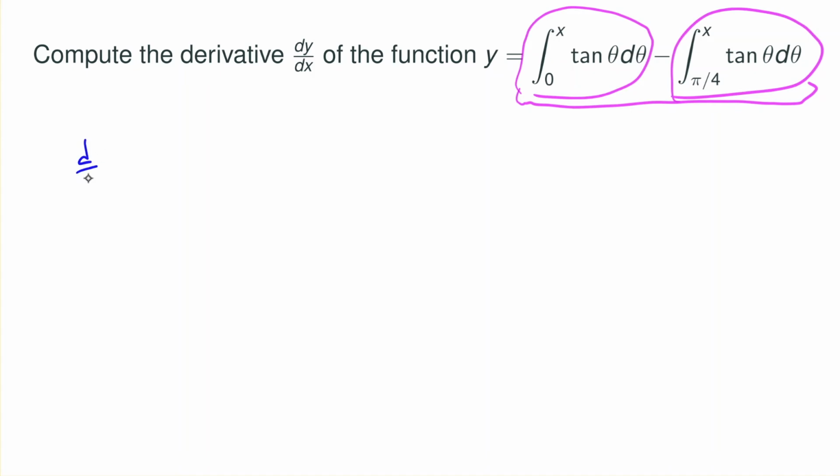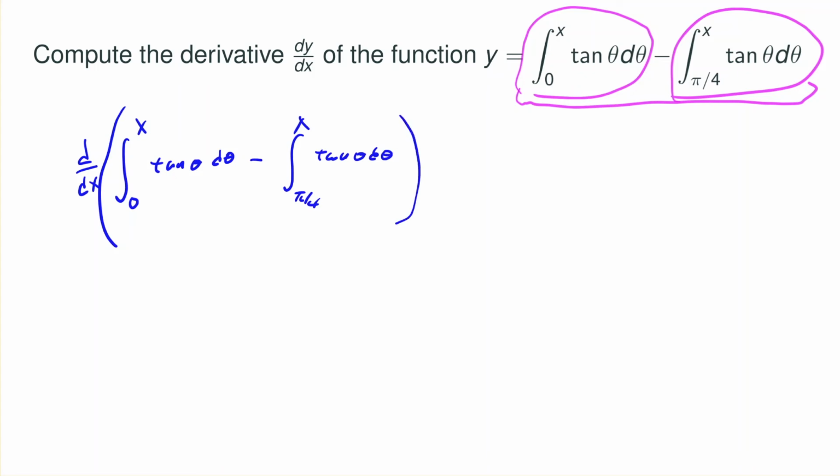Let me actually write it all together first. This is essentially the same thing as taking the derivatives one at a time and subtracting: d/dx of the integral from 0 to x of tangent theta d theta, minus d/dx of the integral from pi over 4 to x of tangent theta d theta.